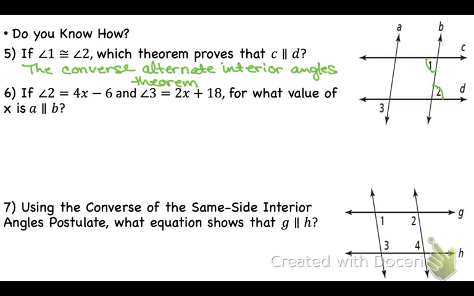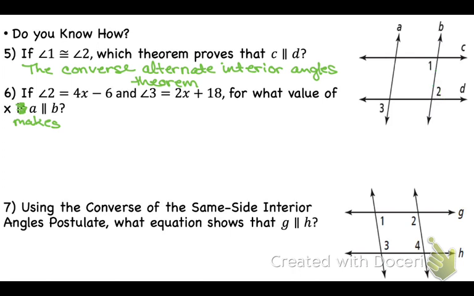Okay, so now it says if angle 2 is 4x minus 6, and angle 3 is 2x plus 18, what value of x makes, I think that should say makes, A parallel to B?